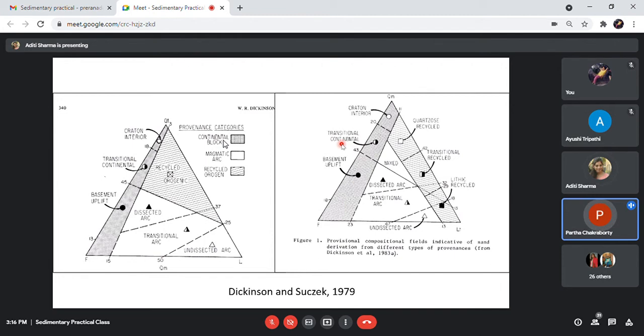If we see this whole field, this is quartz 100% and feldspar 100%, and if we come to 50% feldspar and 50% quartz, then it will come somewhere here. This is the 50 line, but this line is inclined towards this direction. It is not the half of this line. So if it is inclined towards this direction, and it is quartz, then it will be more than 50.